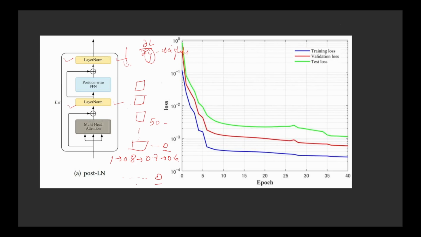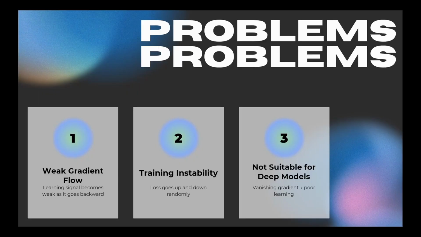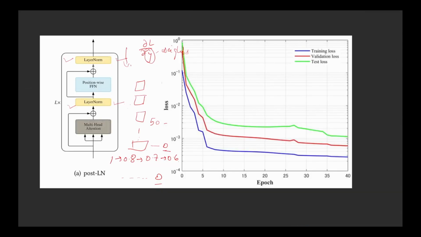And the second point, training instability, I was explaining. Ideally, when we train a neural network or any model, the training loss should go down like this. This is the ideal scenario. But due to this layer normalization, the loss moves up and down, up and down. So the model is confused about where to go, what to improve, how to improve.